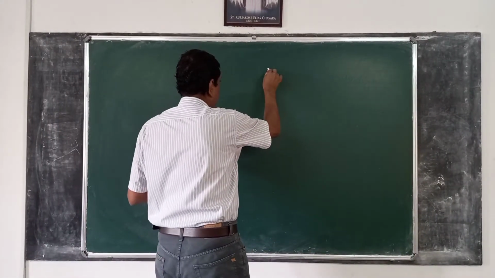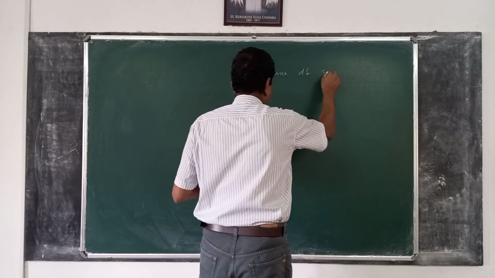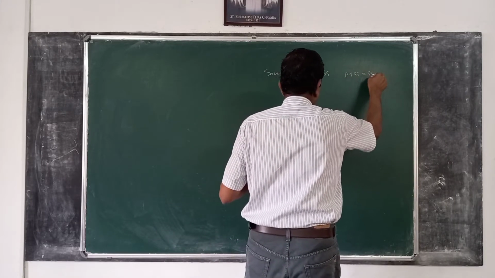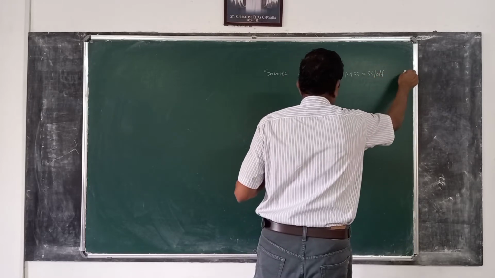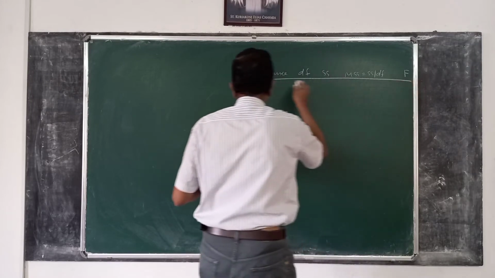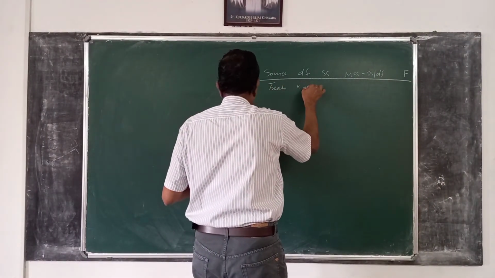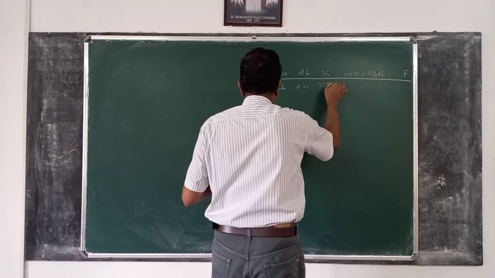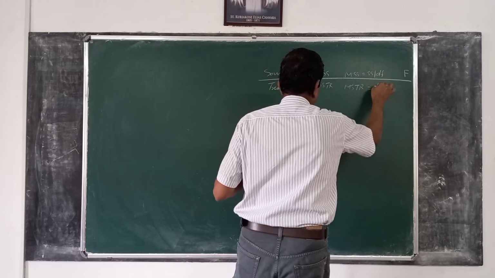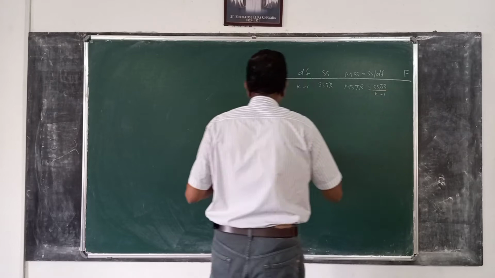Source of variation, degrees of freedom, sum of squares, MSS is equal to SS by degrees of freedom, F. First is treatment, k minus 1, SSTR, MSTR is equal to SSTR by k minus 1.